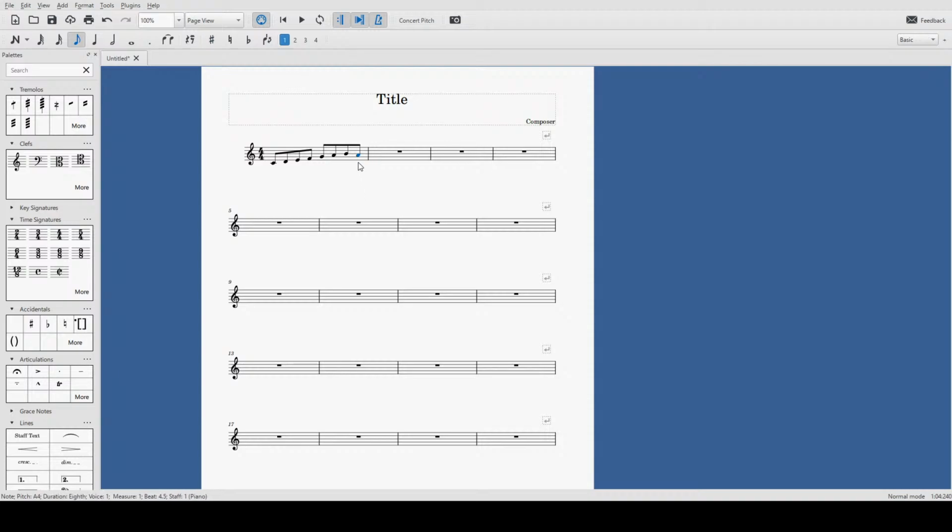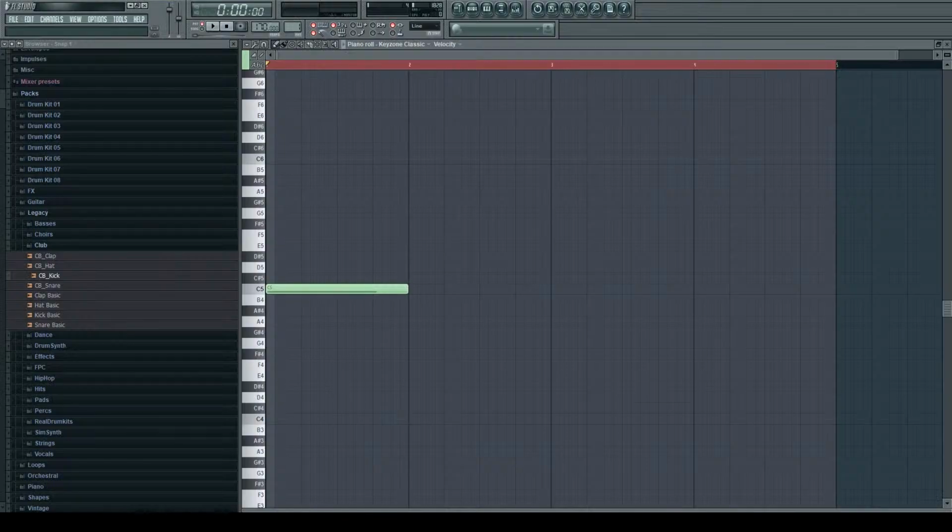Okay? So what does this look like in FL Studio or in the DAW? So let's go to the DAW. We have C, this is the middle C, D, E, F, G, A, B, C. Alright, by the way, that's called a major scale.